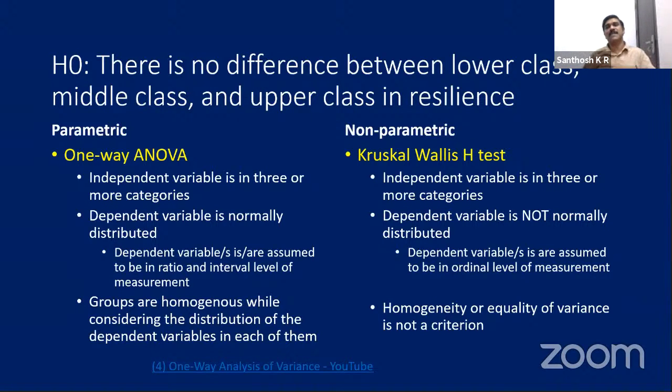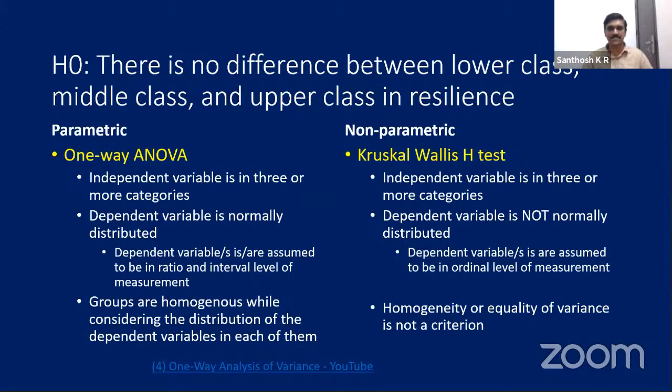If the independent variable is in nominal form and it has three different categories, and the dependent variable is, as we said before, an interval or ratio level of measurement, then we will go for one-way ANOVA if it is parametric, meaning the dependent variable data is normally distributed.